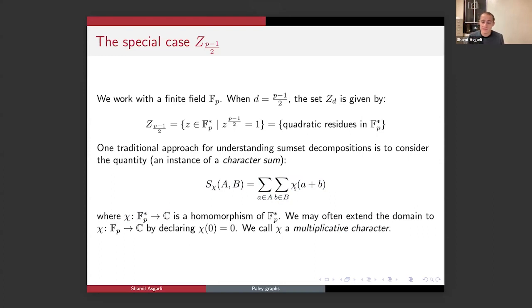Now, we may often extend the domain of the character. We might want to start at F_p. The only difference between F_p and F_p star is that F_p has 0 in it, but that's easy to deal with. We can just declare chi of 0 to be 0 if we want the map to start at F_p. We call chi a multiplicative character of a finite field.